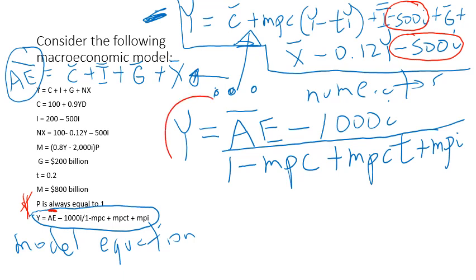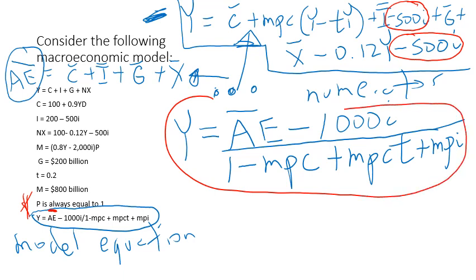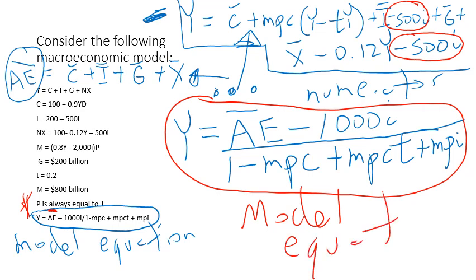So this is the model equation. All right. We've dealt with model equations before. What's new is the addition of this term here, negative 1,000i, right? Okay. Next.